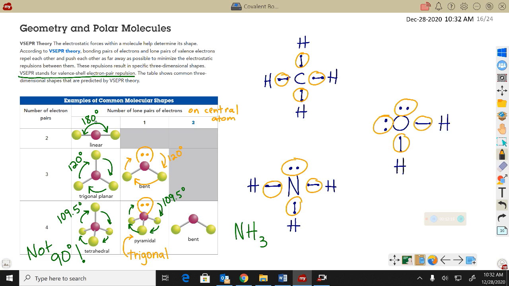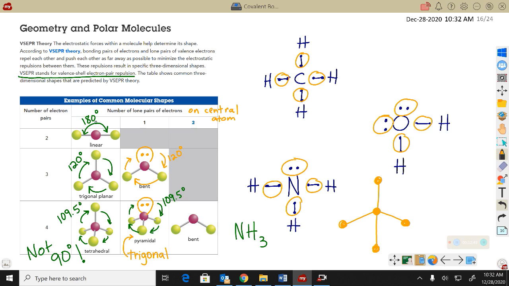So you have to picture that if this were my tetrahedron, 1, 2, watch me draw this in perspective, 3, 4. It's like my little tetrahedral rocket ship. Here would be the true tetrahedron with 109.5 degree angles.